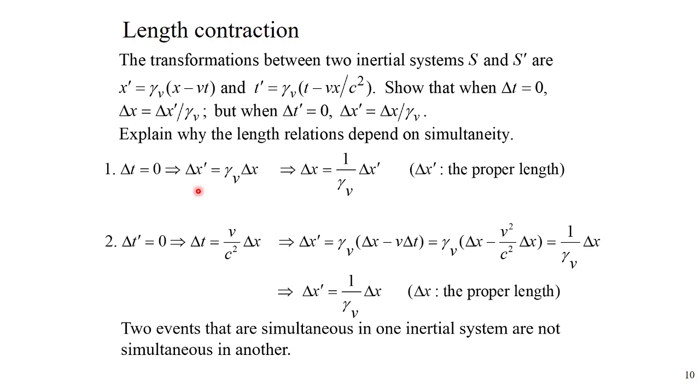That's simultaneity. For example, if I want to measure the length of a book, we should measure at the same time, not at different times. If the book is moving, that's not good at all. However, if the book is fixed and does not move in our frame, then delta t will be the same. All we need to do is measure, okay?